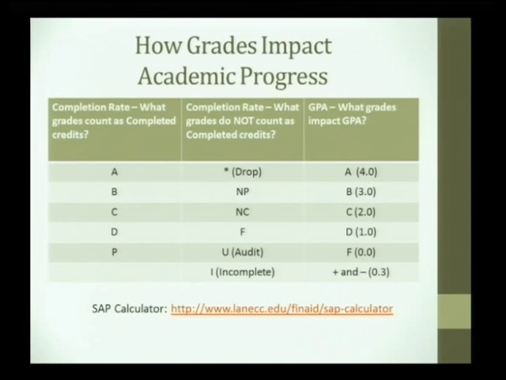An NP, not completed. NC is a grade notation that faculty have an option to provide to a student if the student hasn't shown up or hasn't done enough work to earn a grade. I would never, ever count on that happening, because the other option that a faculty member has is to give you an F.